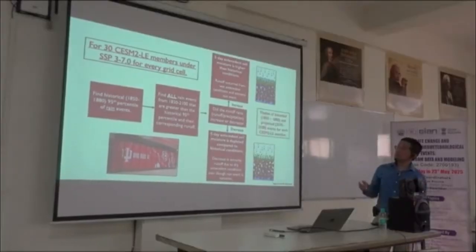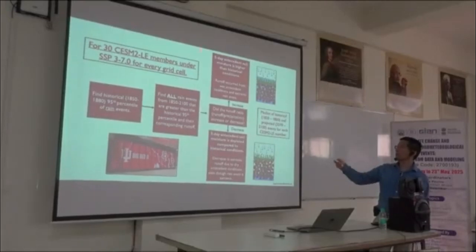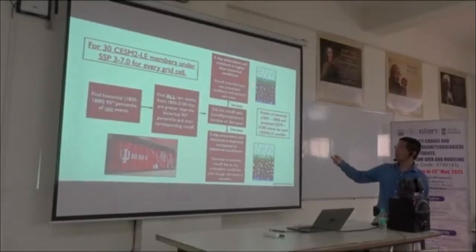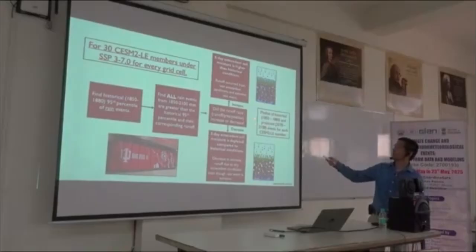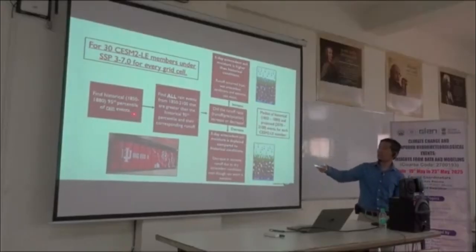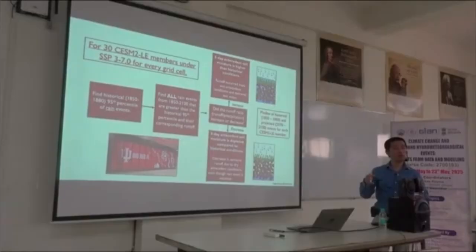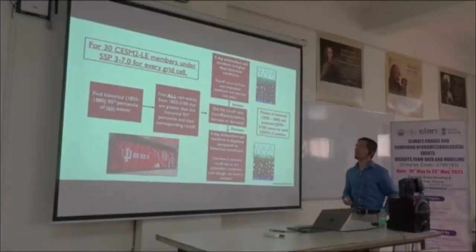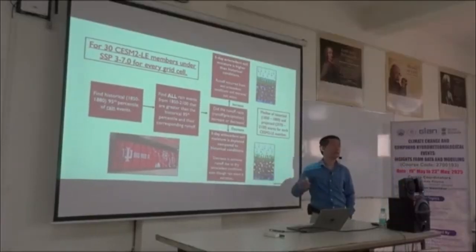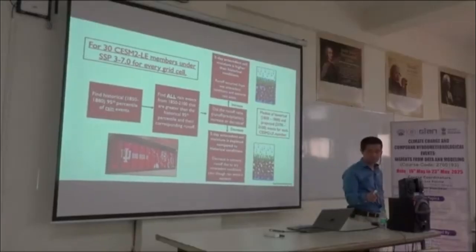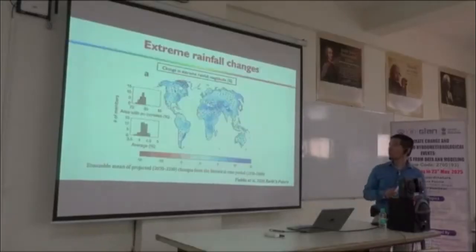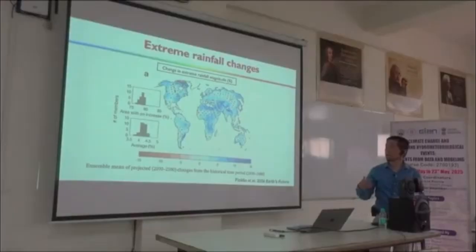So we pick up the soil moisture, rainfall and runoff data from every single grid cell, across all 30 models, make an average, and also look at different scenarios. That's how we did this research.